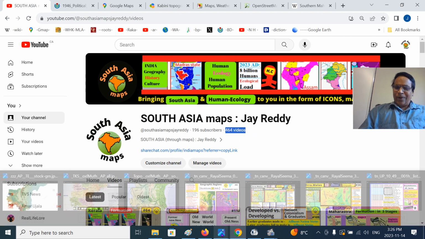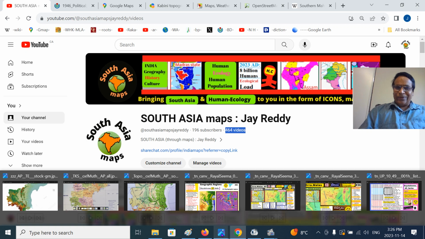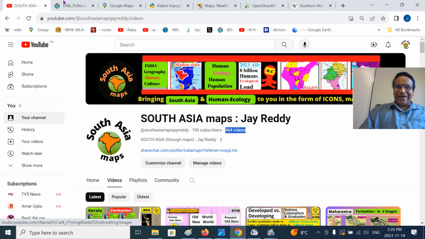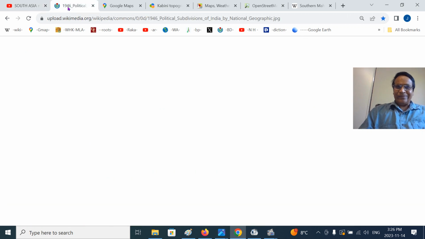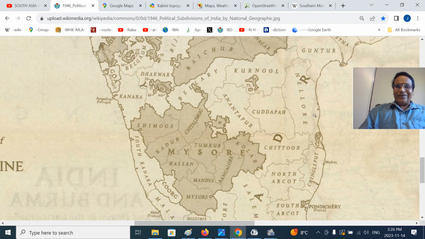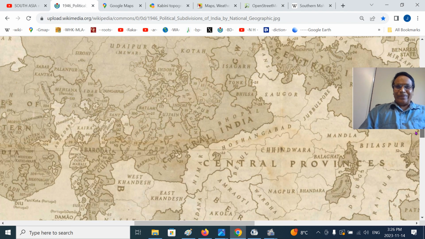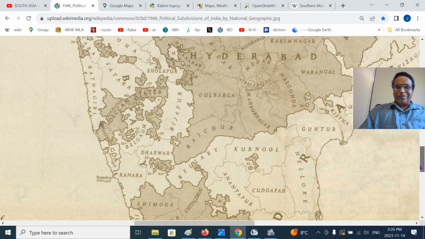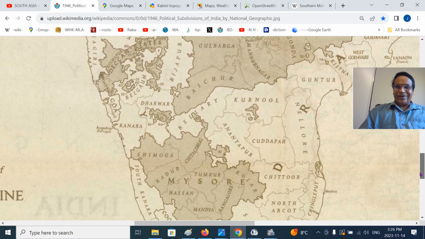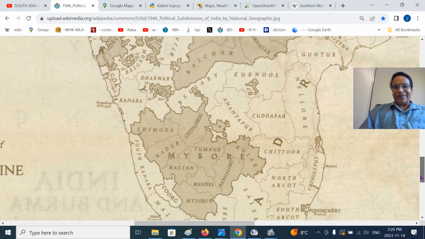What are we actually looking at to give you the broader understanding? This is the historical Bombay Presidency map before the Radcliffe Award, at that time in 1947, the nerve-wracking partition time. This is the Madras Presidency, and this is the Madras Chennapatnam town. This is Puducherry or Pondicherry, the French territory.